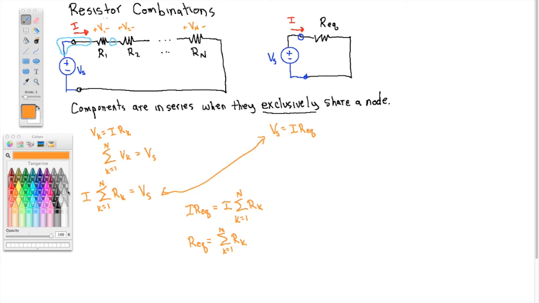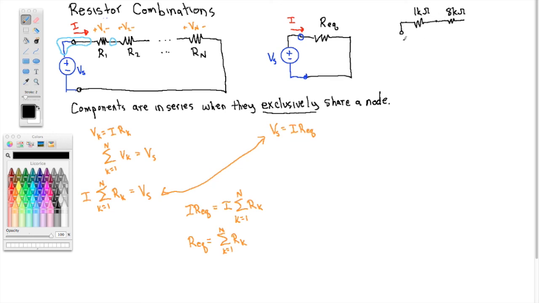So if you go back to the original circuit that we drew, where we had the 1 kilo ohm here and 8 kilo ohms here, those are in series because they exclusively share this node.